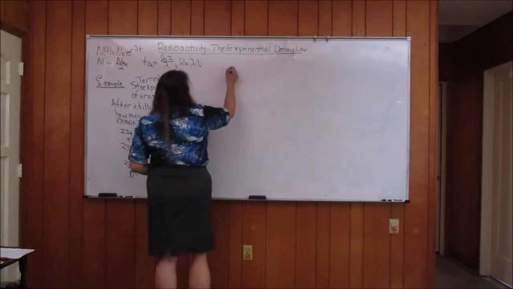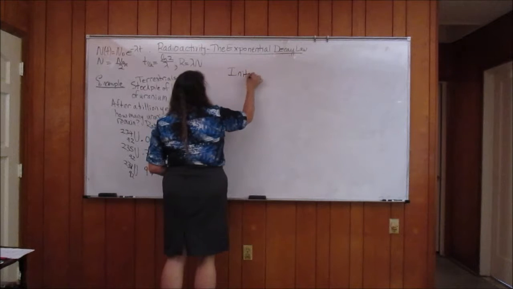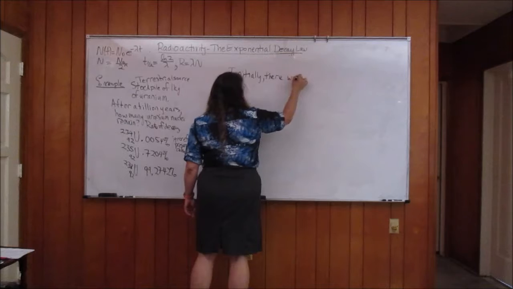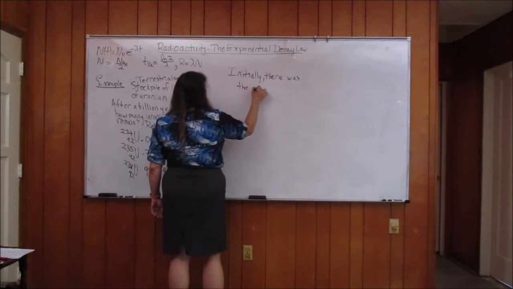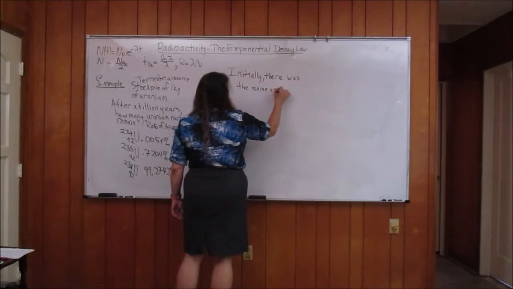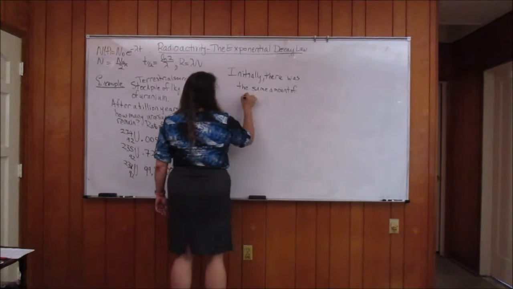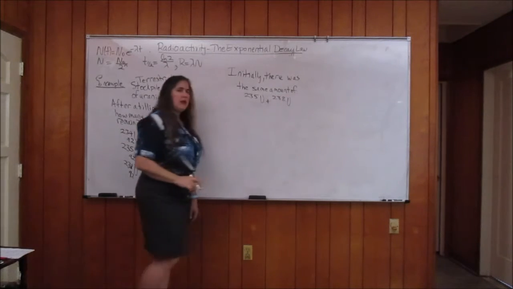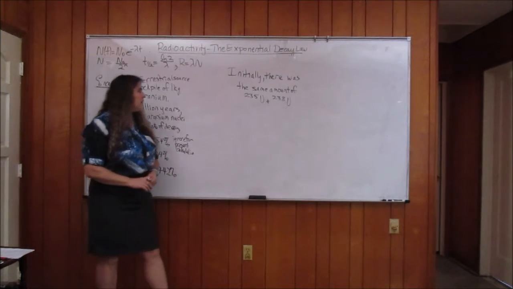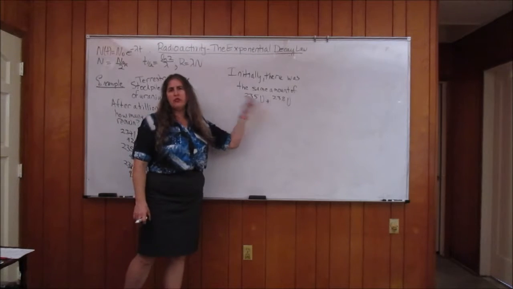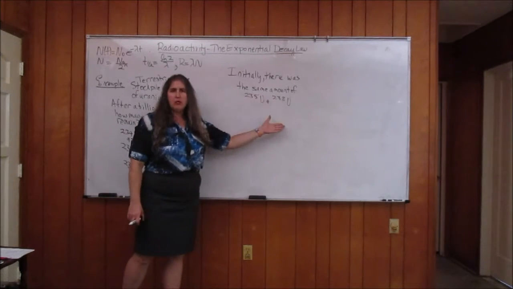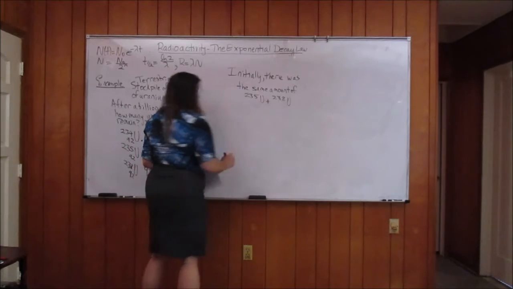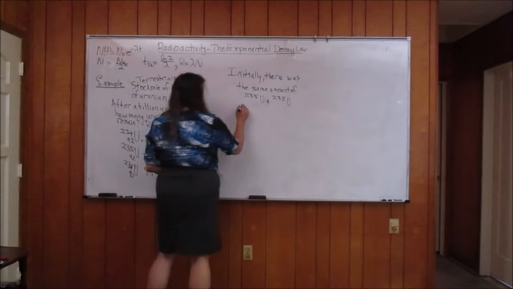So, let's say that initially there was the same amount of U235 and U238, but because they have different decay constants, this is why there's so much less U235 naturally available right now than U238. So what I'm going to do is write down the exponential decay law for each of these isotopes separately.